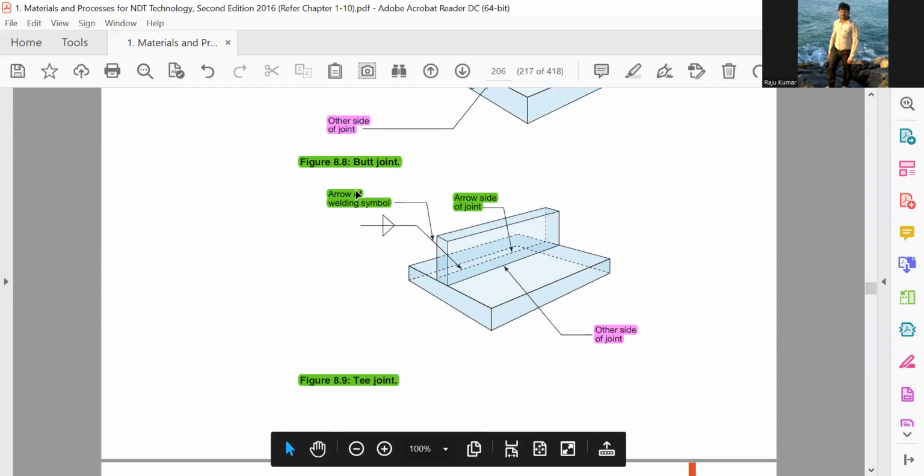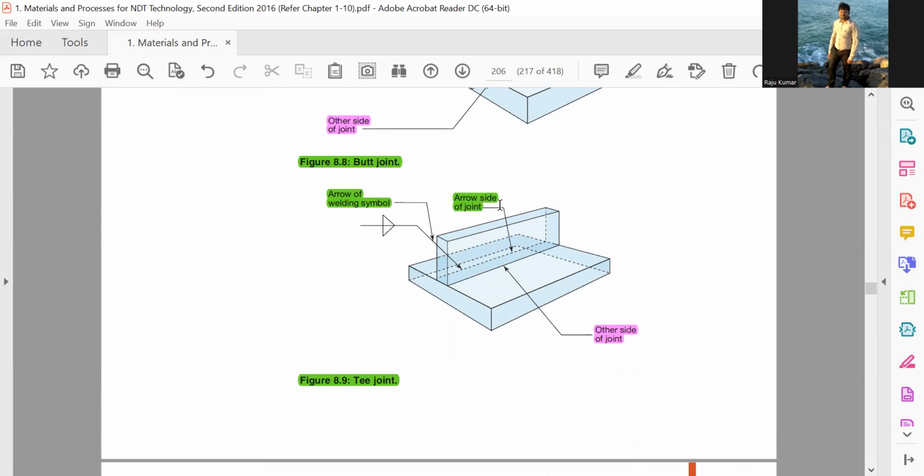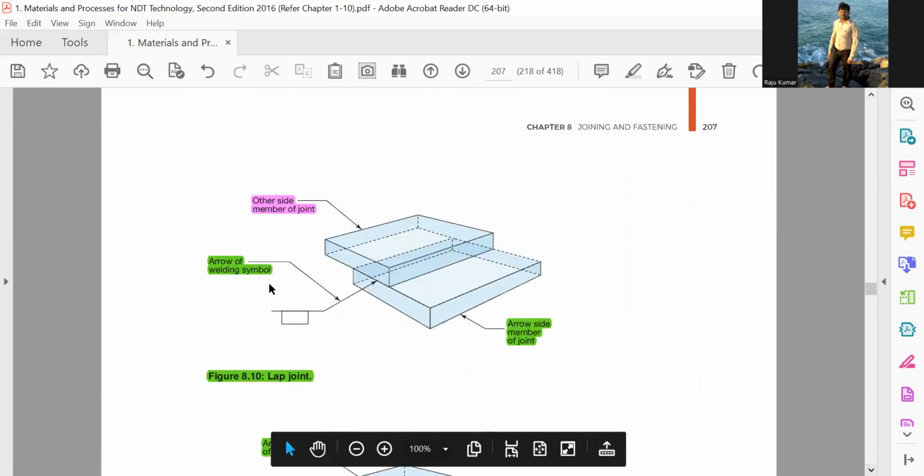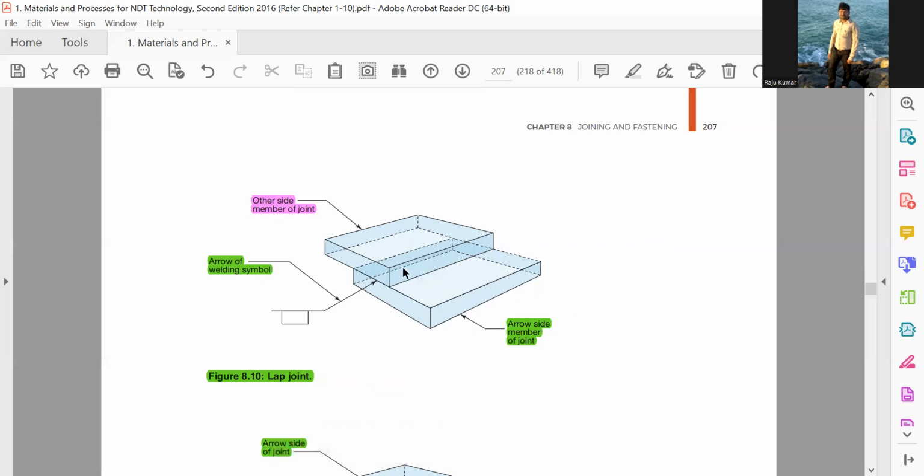T joint: arrow of the welding symbol, same arrow side joint or other side joint. Lap joint: arrow of the welding symbol, so other side member joint and arrow side member joint.